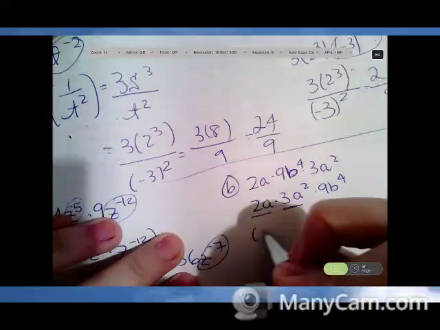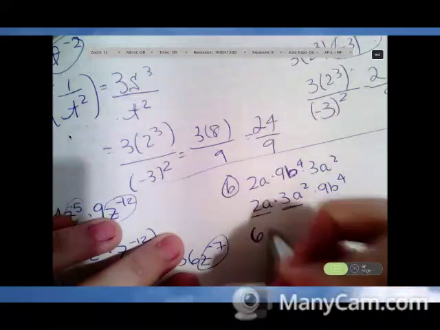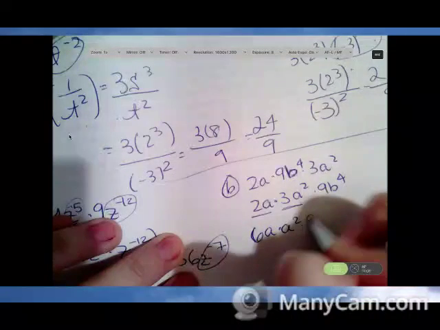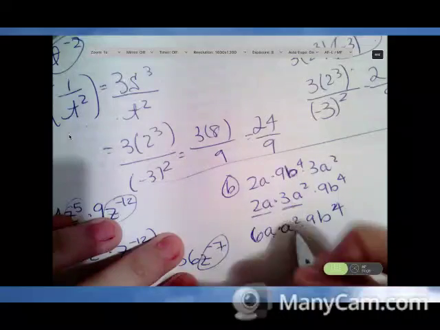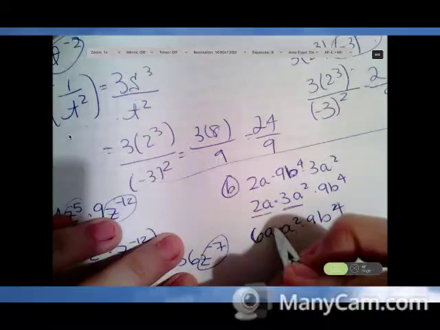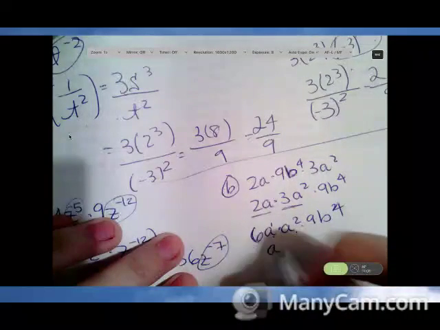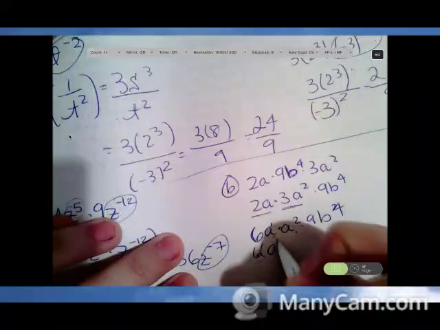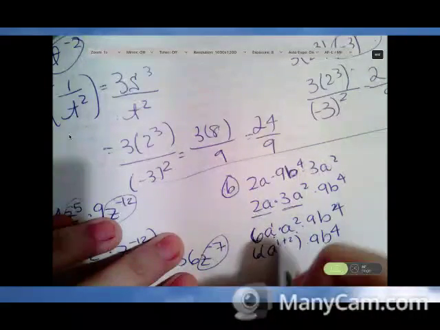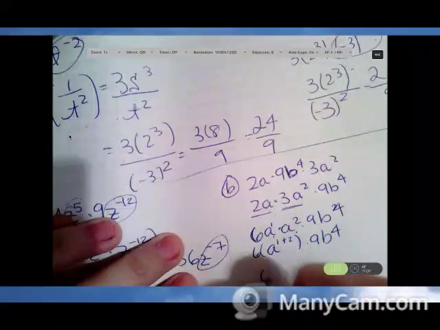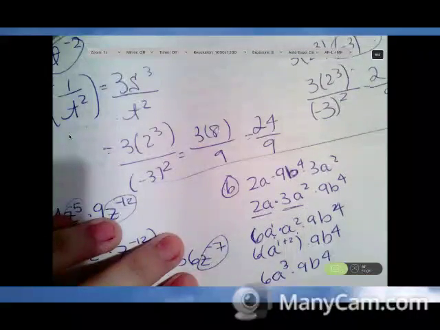So let's do 2 times 3, which is 6, times a squared, times 9 times b to the 4th. A times a squared. If there is no visible exponent, it is just 1. So then that's going to be 6a to the 1 plus 2 times 9b to the 4th. And then 1 plus 2 is 3, so 6 times a to the 3rd times 9b to the 4th.